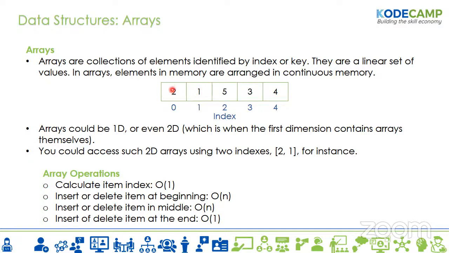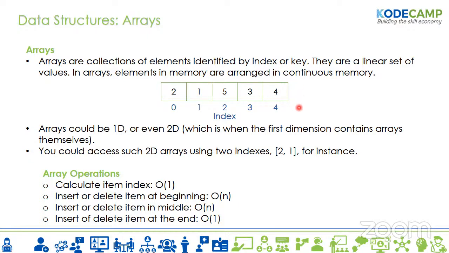Everything is stored in a continuous memory format. So once you have this memory location, if you want to access the second index, you count 1 position, 2 positions; the memory 2 indexes away is what you want to retrieve. If you know this reference position, 1, 2, 3, 4, the memory you want to retrieve will be here.